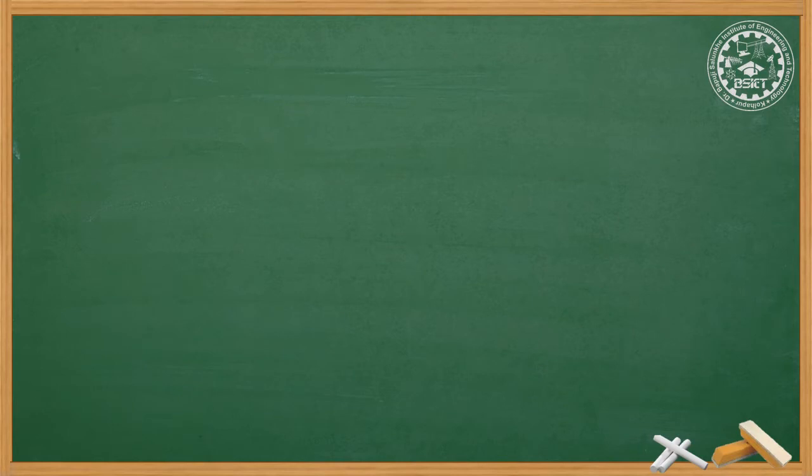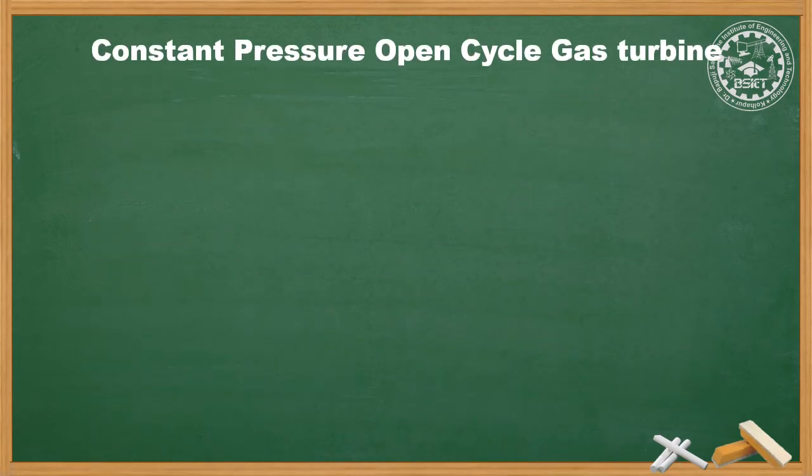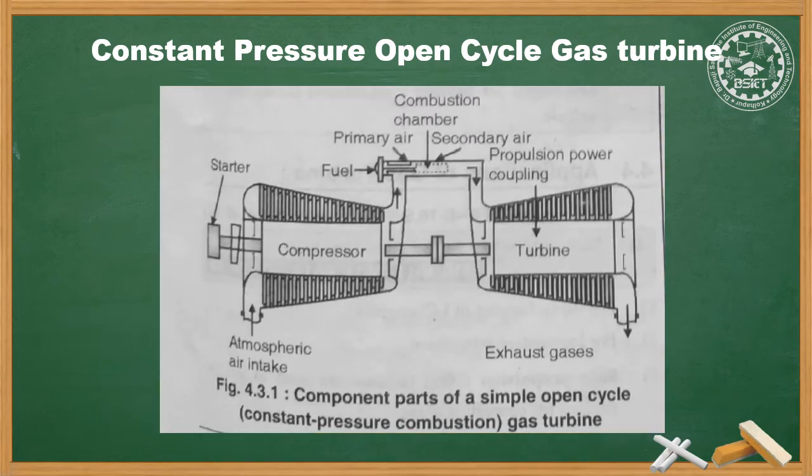The next type is constant pressure open cycle gas turbine. In the constant pressure open cycle gas turbine, as shown in the figure below, the compressor takes in ambient atmospheric air and compresses it to raise the pressure and temperature, and delivers it to the combustion chamber, where fuel is atomized through an injector and burned.